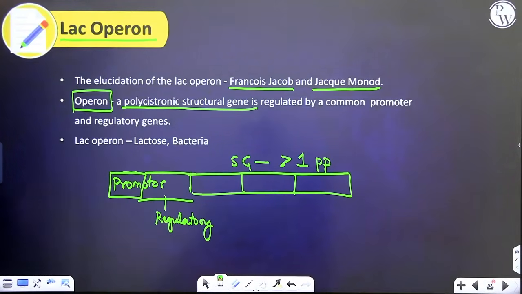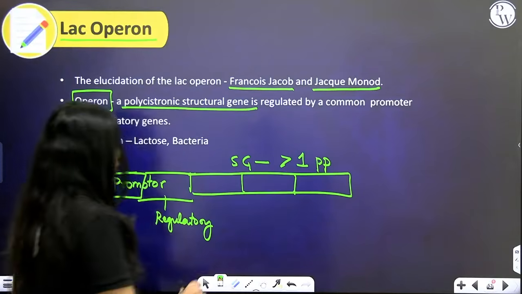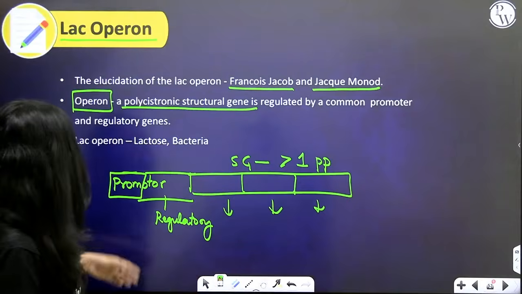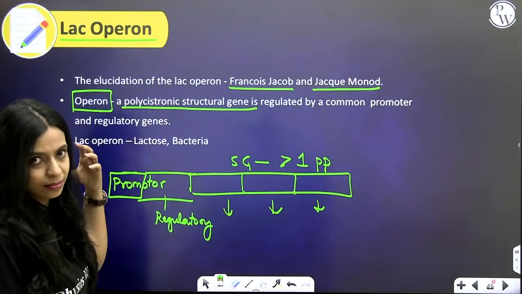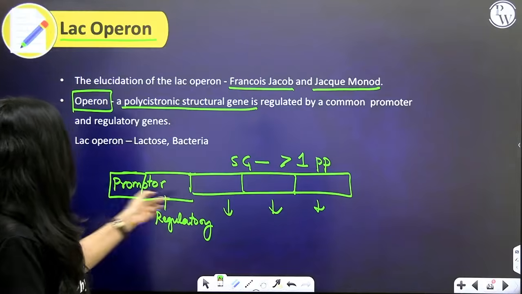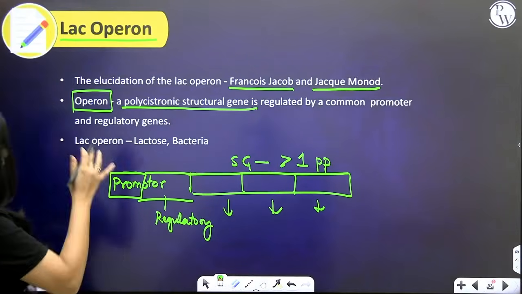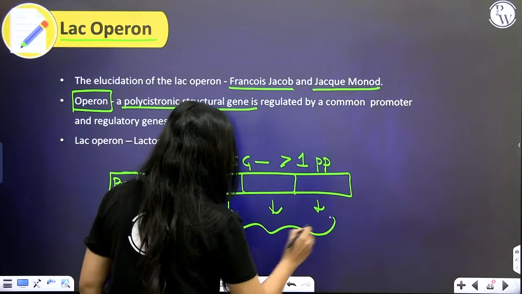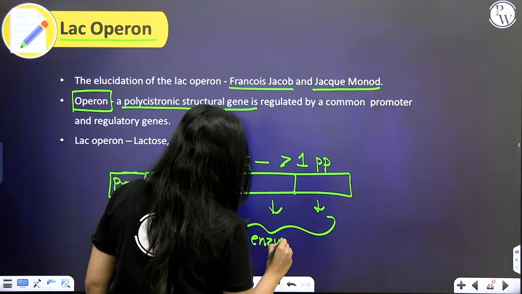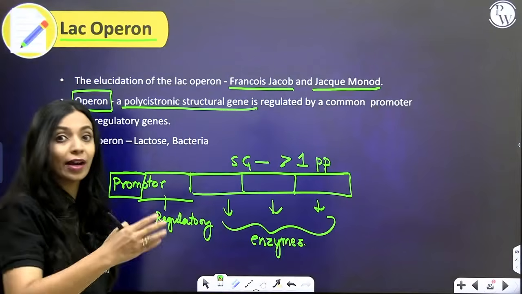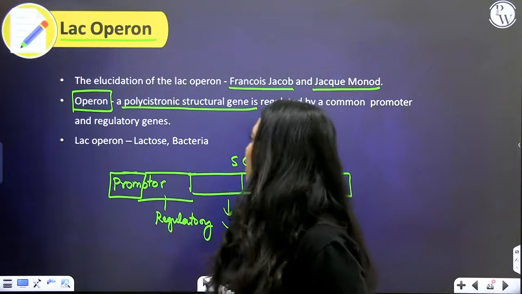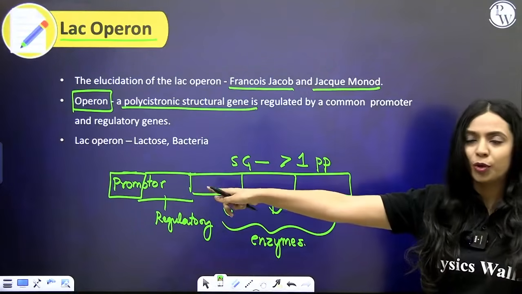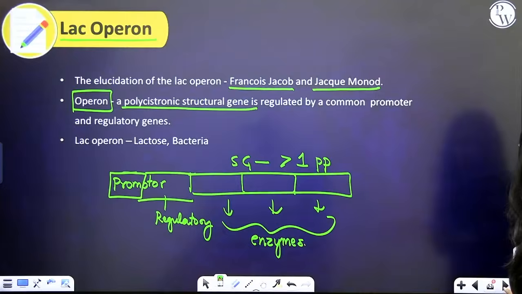If a polycistronic structural gene, which is responsible for producing more than one polypeptide, has a common promoter and regulatory sequences, we call it an operon. So in the lac operon, we are looking at the structural genes that will synthesize enzymes required for the metabolism of lactose. For lactose to be broken down and used up, whatever genes are required, they are controlled by a common promoter and regulatory sequences. That is why it's called the lac operon.